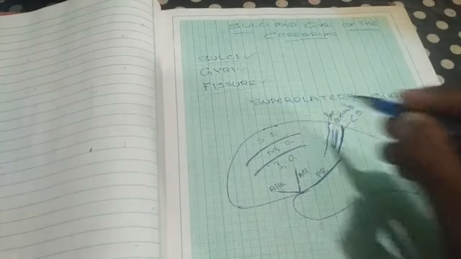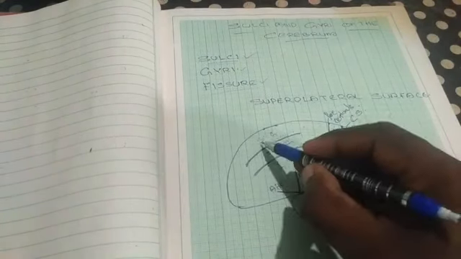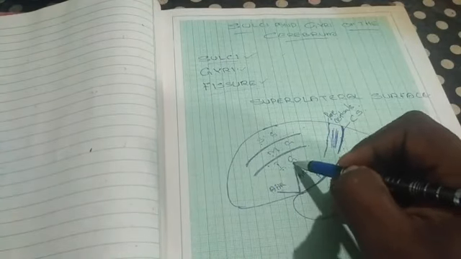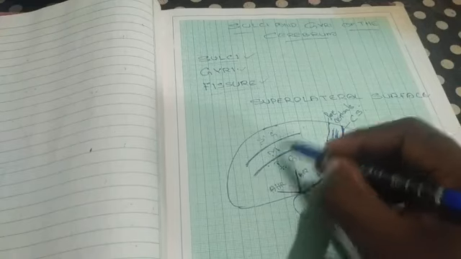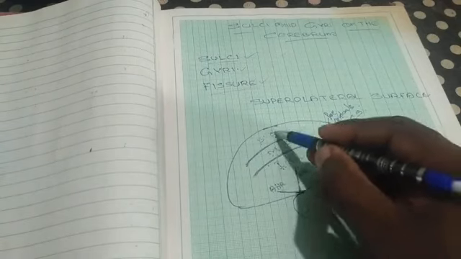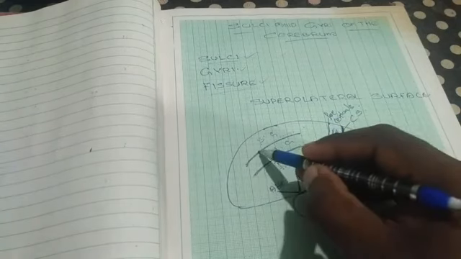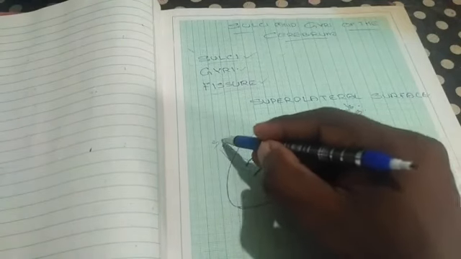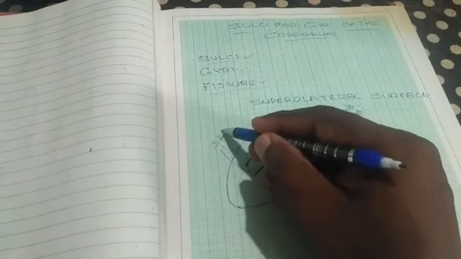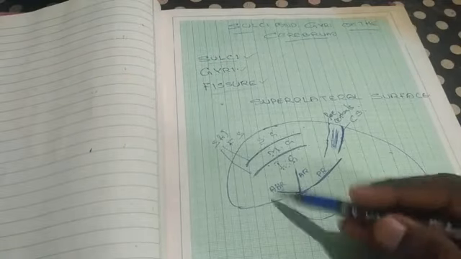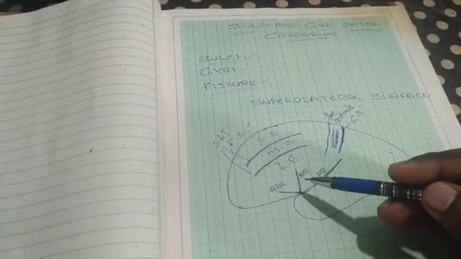So there are two sulci that divide the area into three, forming three gyri. Okay, these are the sulci and gyri present on the frontal lobe of the supralateral surface.